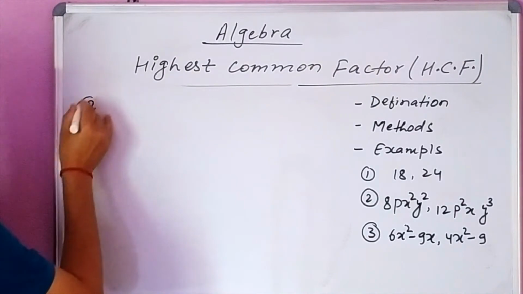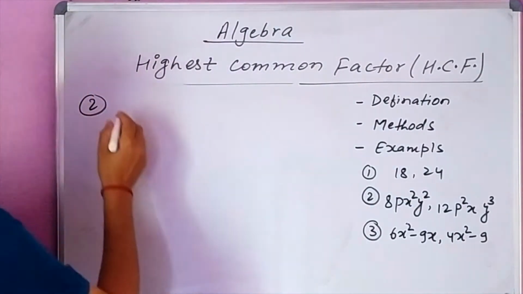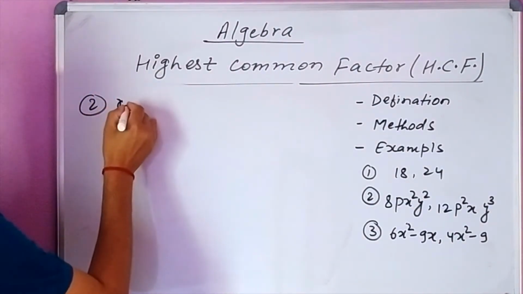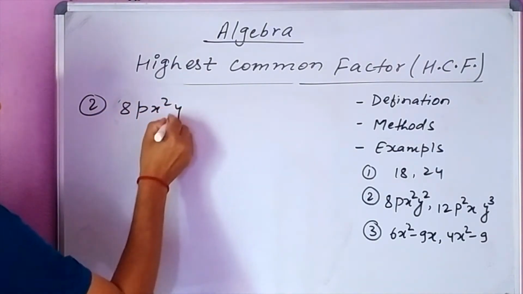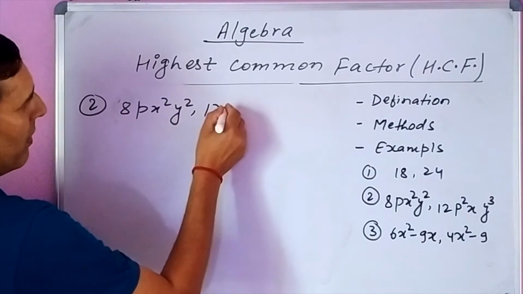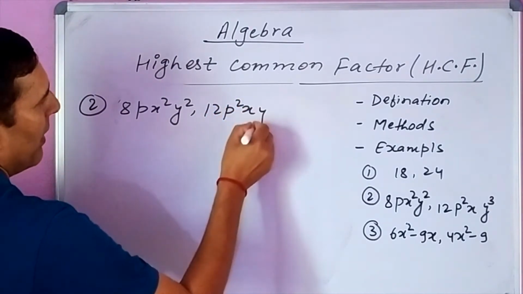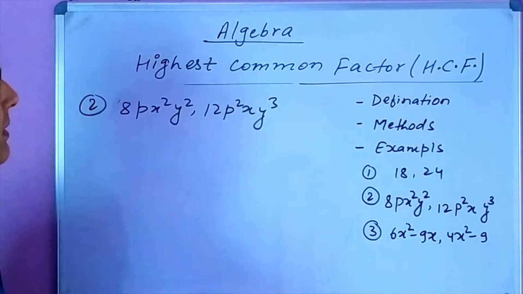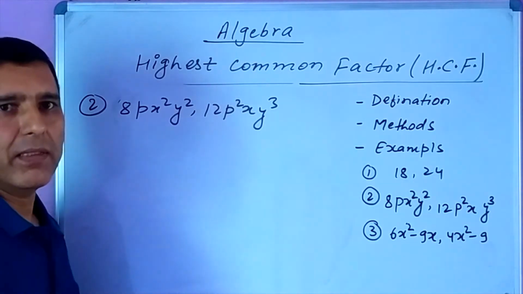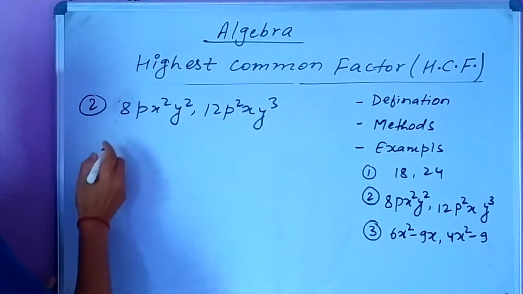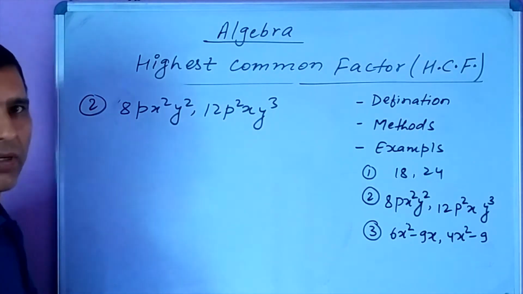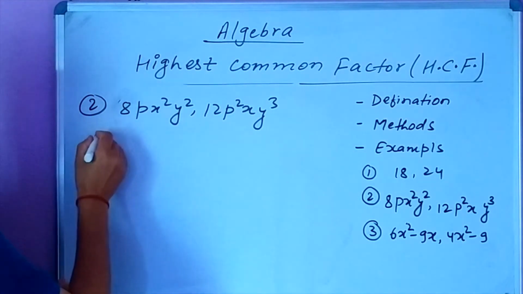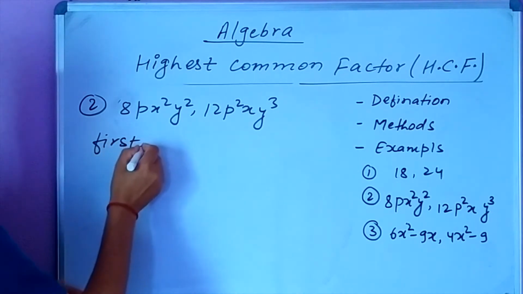In number 2, you can see there are two expressions. The first one is 8 p x square y square, and the second is 12 p square x y cube. We are finding the HCF of these two expressions. So first here also we factorize the given expressions.